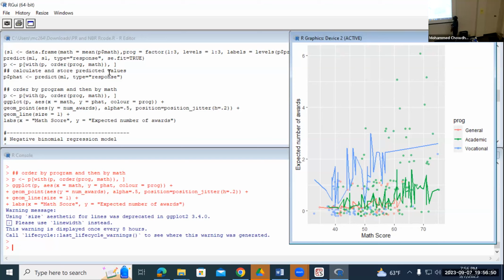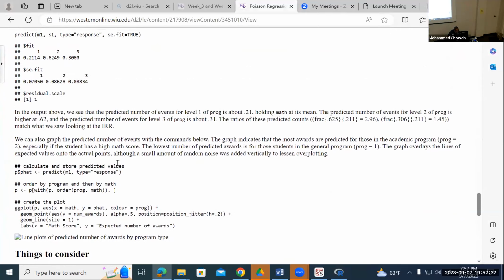We have seen vocational people have a higher curve of expected number of hours when the math score is going up. Academic people have higher values at the extreme right. But in this case, that is lower, and this is their curve. So by comparing this graph, you have to make a comment similar to the comments that are in there.